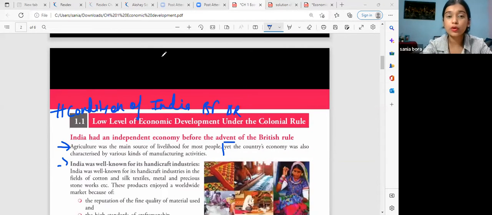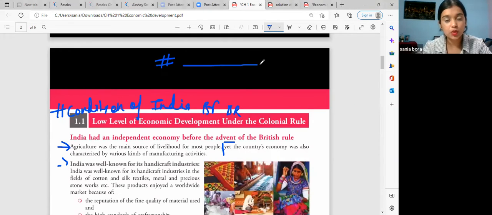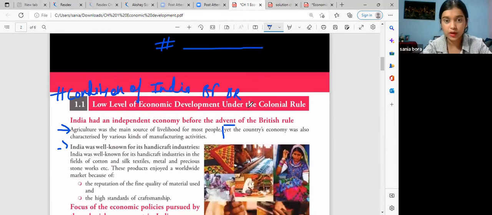When you are going to make notes, you use this hashtag. You write this with a black pen and the points with a blue pen. First, you will write hashtag condition of India before Britishers, or you can say before the advent of British rule. I'm just telling you the heading, just write it down.